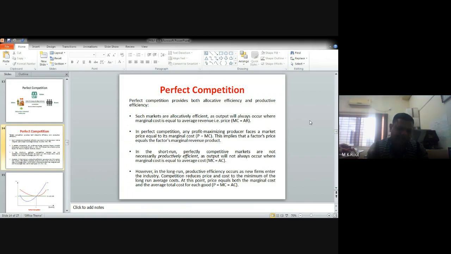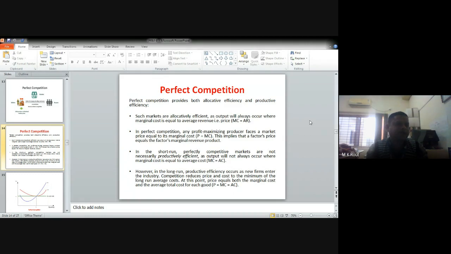So the first condition is that marginal cost equals average revenue. The next one is P equals MC, that is, market price equals marginal cost, and that implies the factor price equals the factor marginal revenue product. This is the second condition.